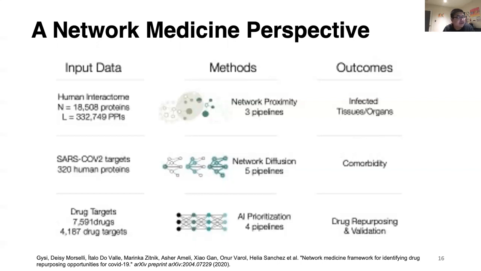I'm sorry, there's some problem with the resolution of this slide, but they implemented different pipelines using learning approaches to measure the proximity among different entities for the different parts of the network, and built different pipelines, and finally came up with some measures of the proximity of a potential compound and the SARS-CoV-2 virus as the generated hypothesis.